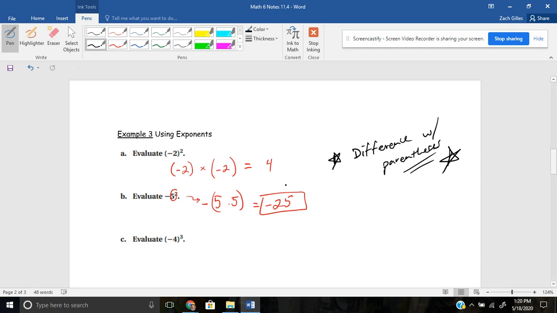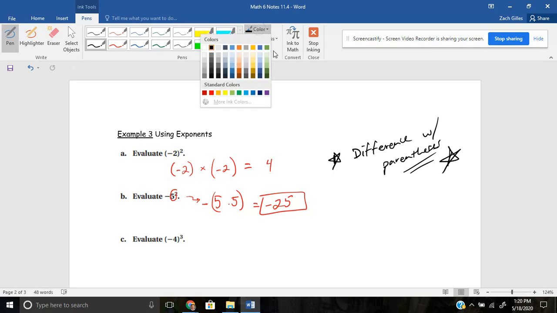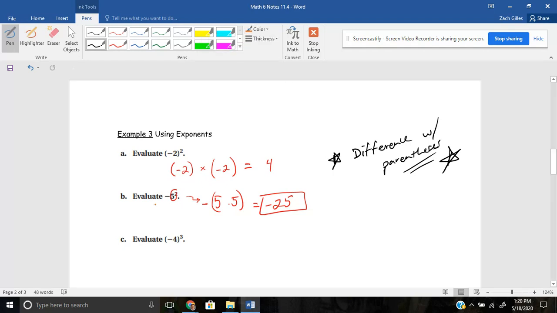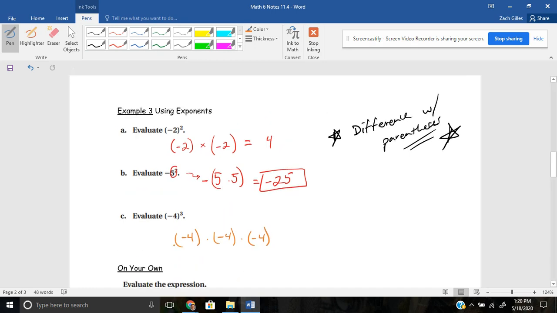And in letter C, we have -4 cubed, or -4 to the third power. Okay, so -4 times -4 times -4. Notice it's to the third power, so it's being multiplied by itself 3 times.